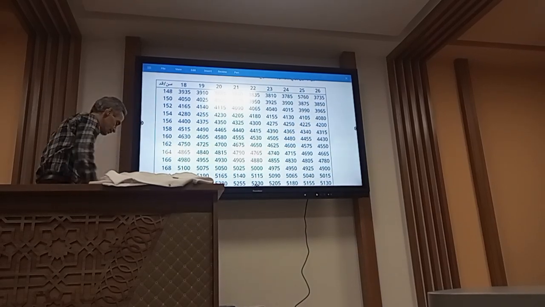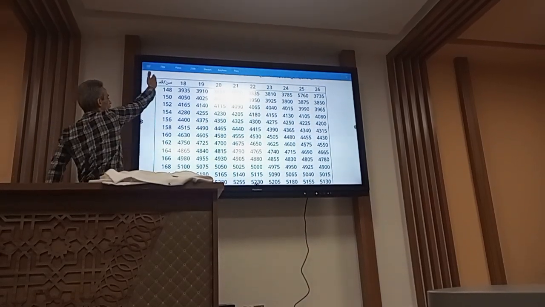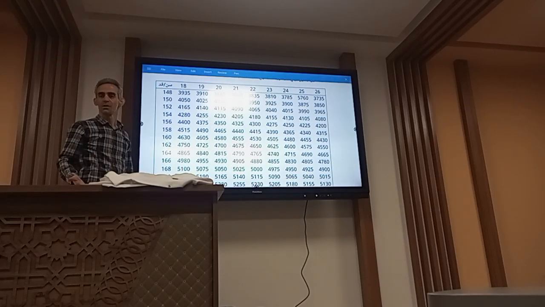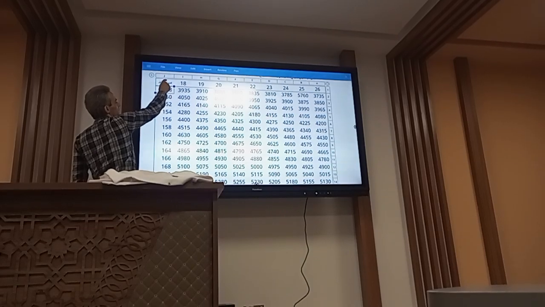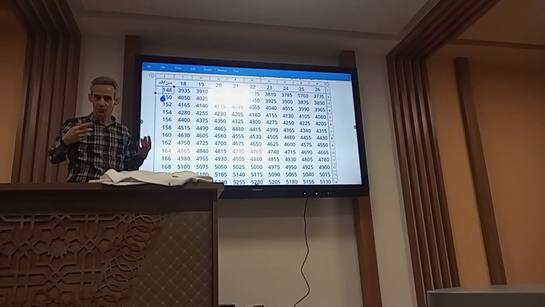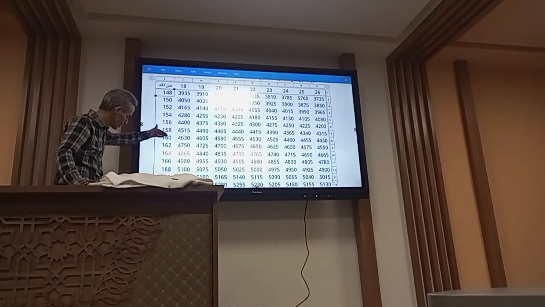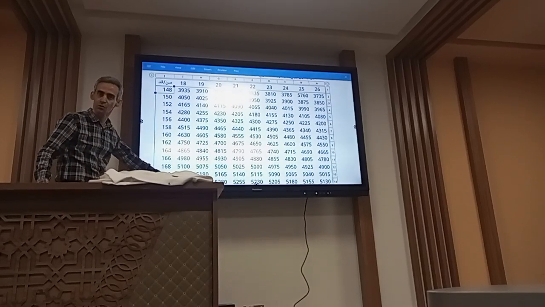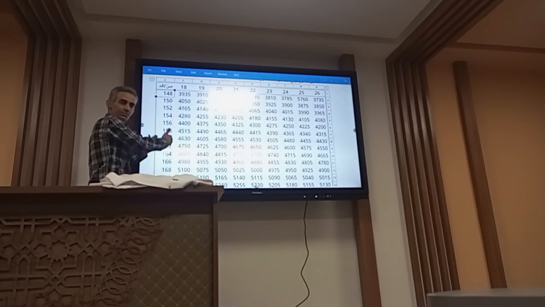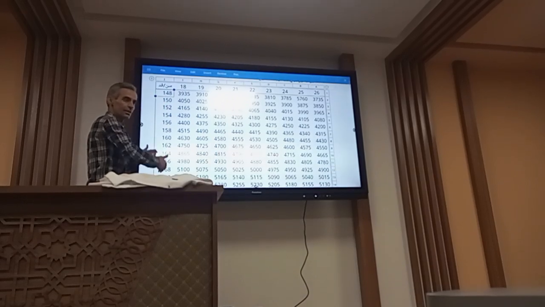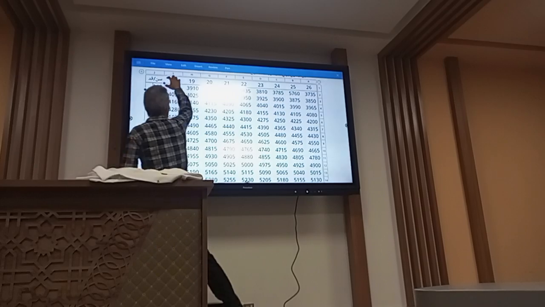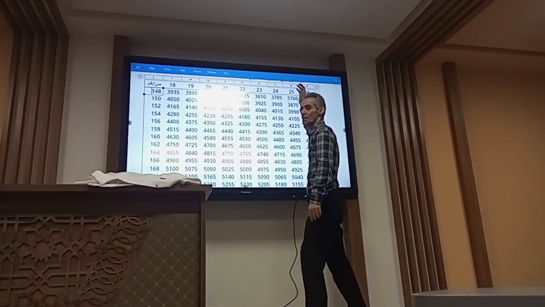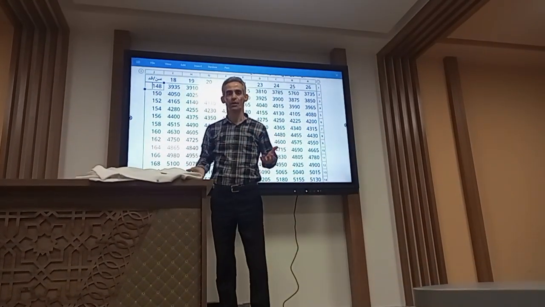In the vertical column is height, from 148 centimeter of height for a man up to 172. In the first column, you can see the height. In the horizontal row, you can see the age.